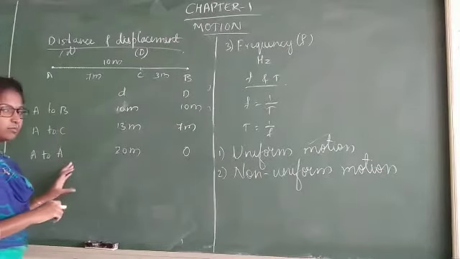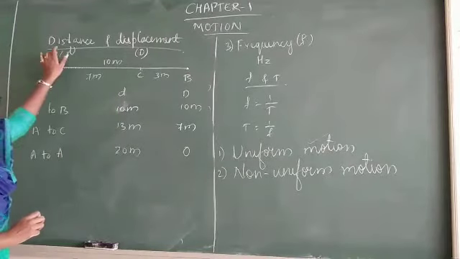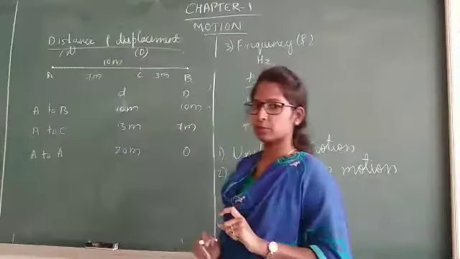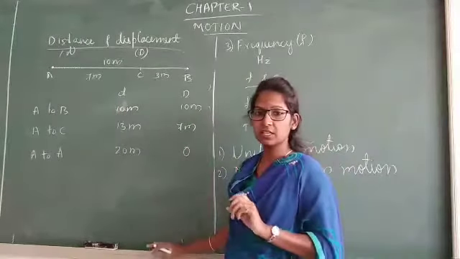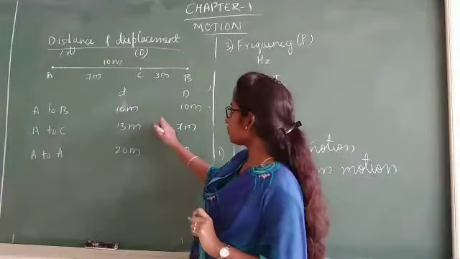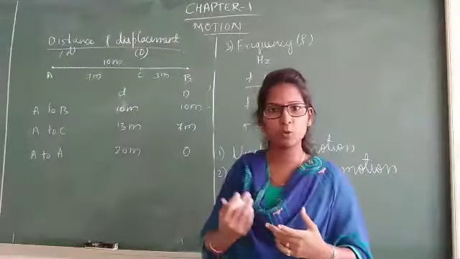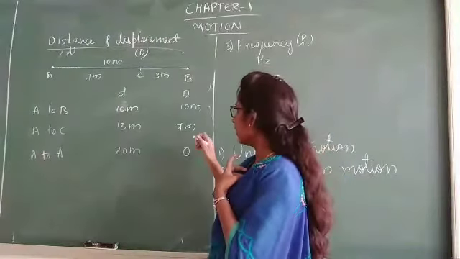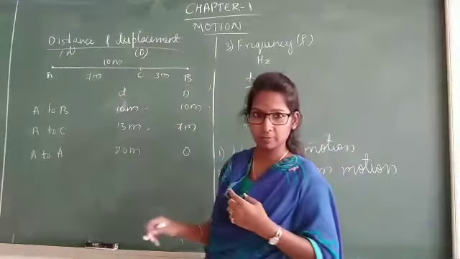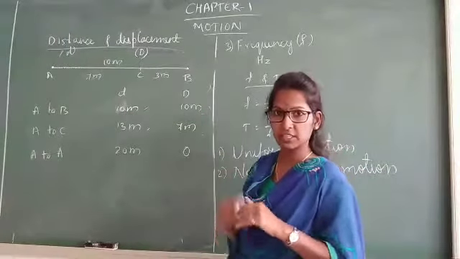From this we can compare the difference between distance and displacement. Distance is the actual path followed by a body between 2 points, but displacement is the shortest distance between the initial point and final point. In all the cases you can see that distance is always increasing with time, but displacement may decrease with the increase of time.